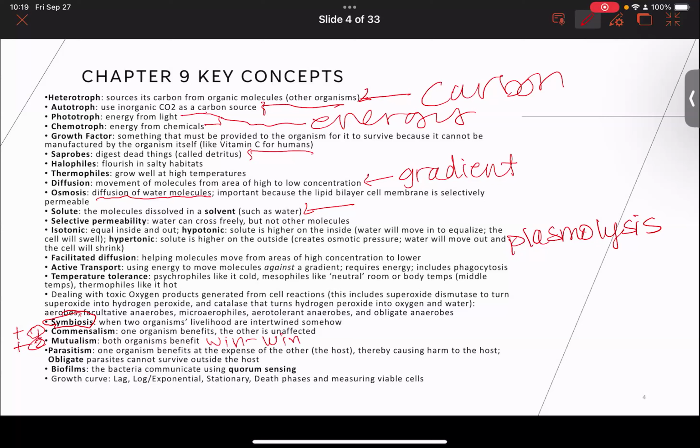And then we have parasitism. Parasitism is probably the biggest concept to be aware of on our pathogen side of microbiology, of course, because all of our pathogens are parasites. One organism is benefiting, that would be our pathogen, the one that causes disease. Whatever microbe that could be: the bacteria that causes the plague, the virus that causes COVID, a fungus that causes fungal meningitis.